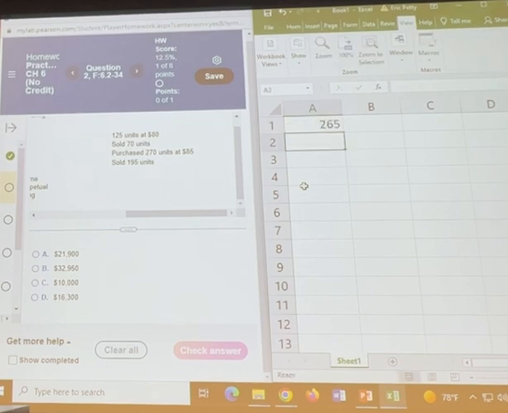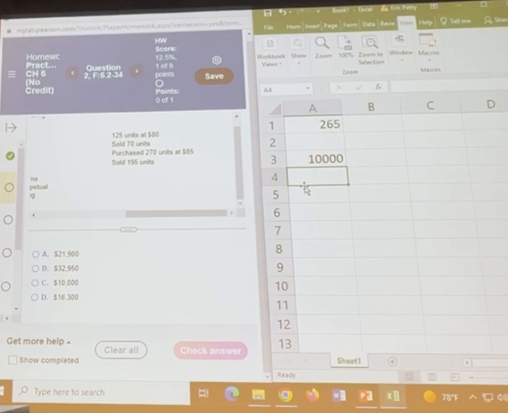So they sold 265 units. And first in, first out, so they would have sold 125 of the older units that were $80 each. And then the rest of the units would have to be ones that they paid $85 each for later on.